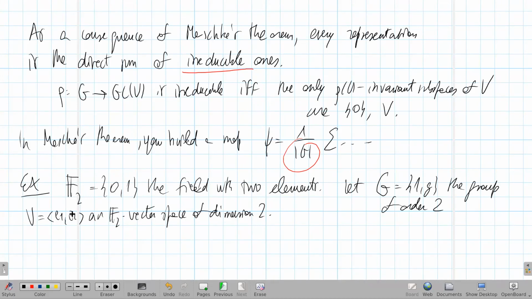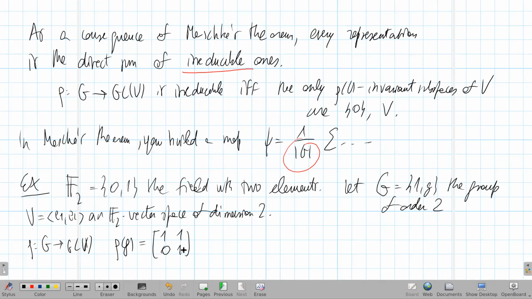And then consider the representation rho from G to GL(V). Well, of course, rho of 1 will be 1, as it happens with all representations being morphisms. And rho of G has to go to an element of order 2. And so we say that with respect to this basis, rho of G is, let's say, this one, okay?